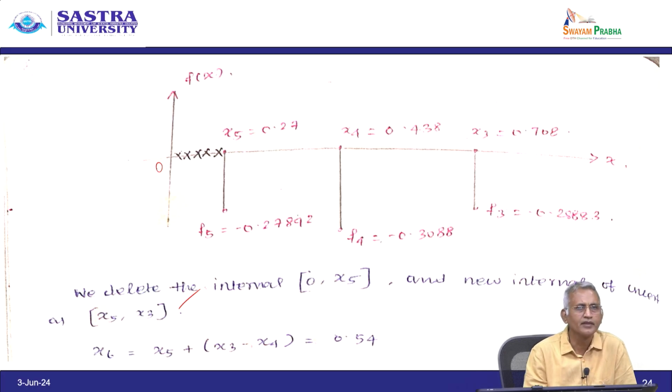Therefore, x6 equal to x5 plus x3 minus x4. x5 is 0.27, x3 is 0.708 and x4 is 0.438. Substitute it, we have 0.54.